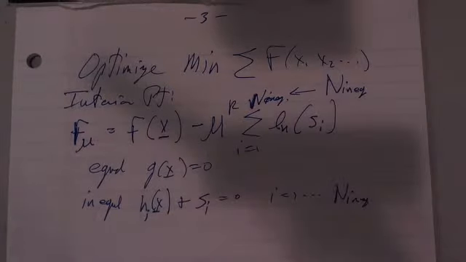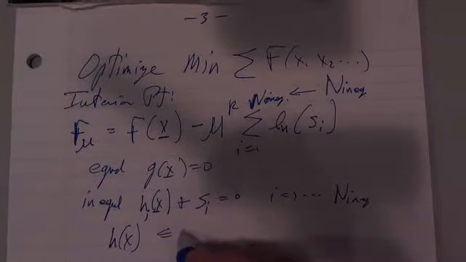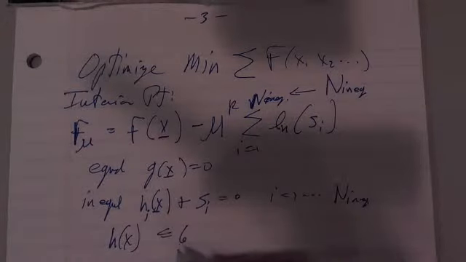Now you remember, adding a slack variable is the means of forcing this equation to equal 0. In other words, if h of x must be less than or equal to some constant, let me just put a number here like 6. h of x must be less than or equal to 6.